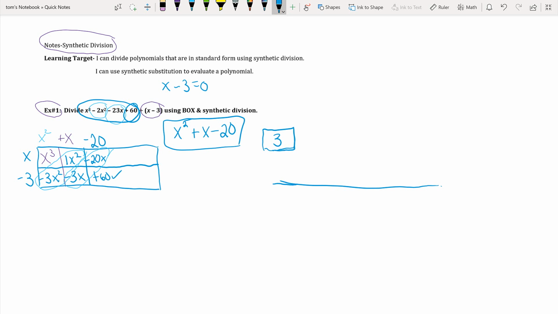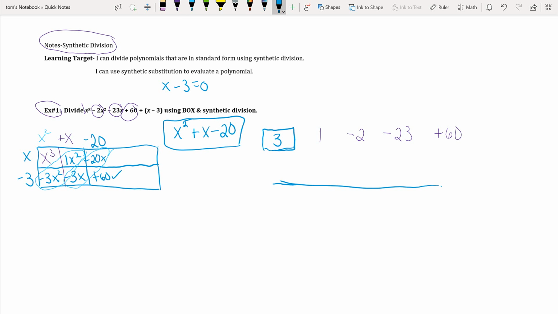Next to that number, we're going to put the coefficients of this original problem. So our coefficients are 1, and then negative 2, negative 23, and positive 60.